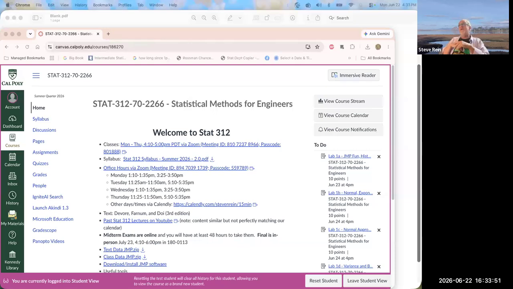And the key is using JMP Student Edition to register for it. You have to go through the process and be through the SSL. You would have to basically tell JMP that you are attached to our institution, and our institution verifies, and they get that information from Cal Poly saying you're cool.